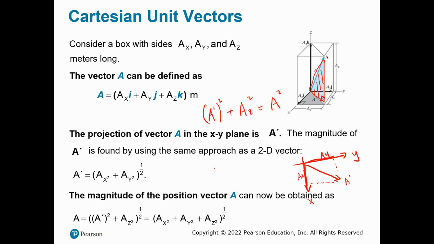In this one, A prime squared, which is the hypotenuse, equals Ax squared plus Ay squared. If I put these two together, plugging the second equation into the first one gives the last equation on the screen: Ax squared plus Ay squared, which is A prime squared, plus Az squared gives me A squared overall. So it's the Pythagorean theorem twice.